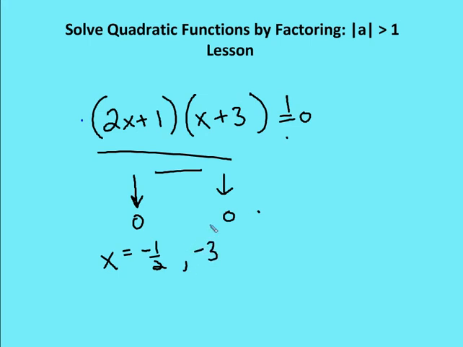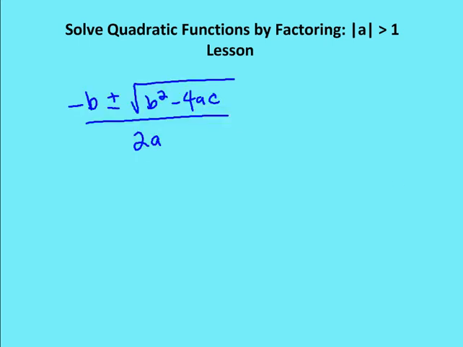So if I asked you to solve for x when the quadratic is equal to 0, you'd provide the answer x is equal to negative 1/2 or negative 3. If I asked you to factor, you would answer 2x plus 1 times x plus 3.